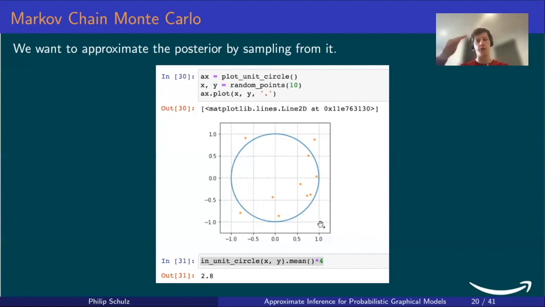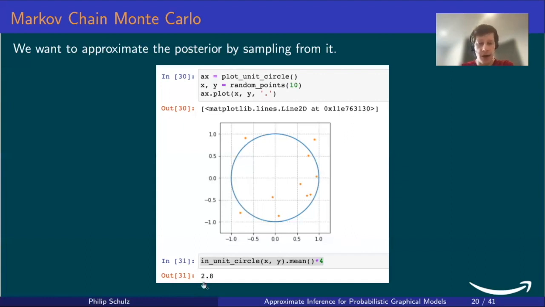And I'm going to have a fraction smaller than 1 of points that are inside the circle. So in this case, as I said before, I think there's 3 points outside the circle. So inside the circle are 7 points. So 7 over 10, or 0.7, times 4, is going to be my approximation to pi. So in this case, it's 2.8.